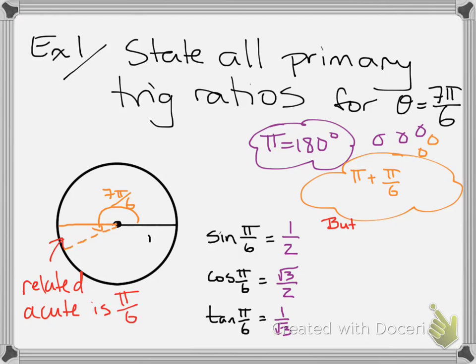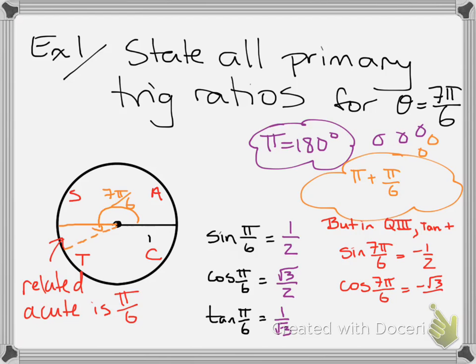Then we need to think, but wait a minute, 7 pi by 6 is in quadrant 3. And when we start thinking about different quadrants, we have to remember the CAST rule, C-A-S-T. So that means in quadrant 3, tan is the positive one. So that means that sine 7 pi by 6 is negative a half, cos 7 pi by 6 is negative root 3 over 2, and tan 7 pi by 6 is 1 over root 3.